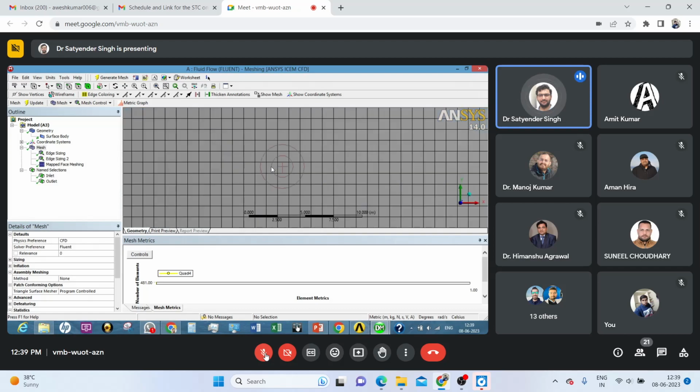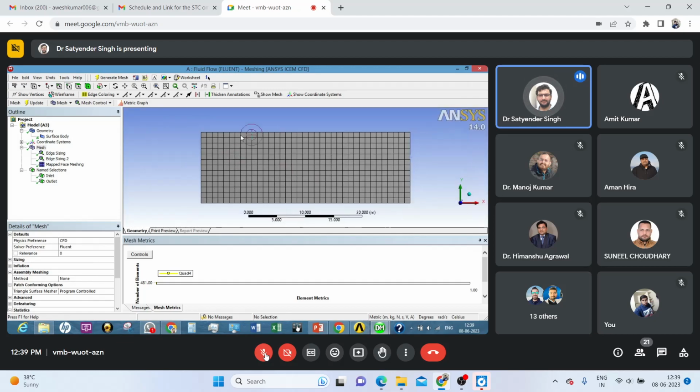Now they are the cells or grid, you can call them. At their center you will be getting the value. So how many cells you have, that many equations will be generated there. And accordingly time will be taken in your problem, or you will be getting only that many numerical values as a solution for your problem.